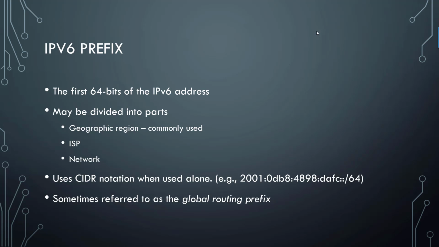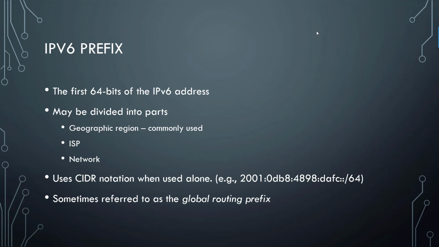All right. So let's talk about the IPv6 prefix a little bit. The first 64 bits of the IPv6 address can be divided into parts. Some people do this, some people don't. So the thing is, it's typically used for your geographic region, so we'd be the Northeast region or this side of the Mississippi region.